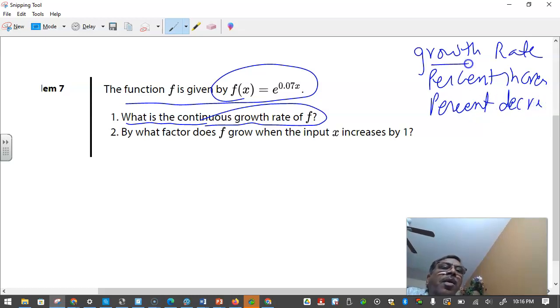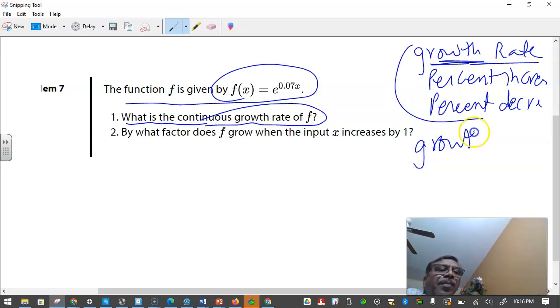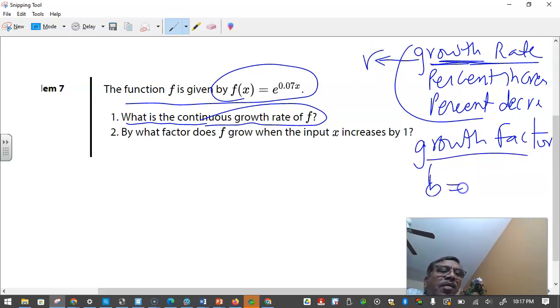So this is talking about growth as a percentage, the growth rate. But the growth factor is different. Whatever the growth rate was, let's say r, the factor is always b, which is 1 plus r, like that. If it is a percent decrease, it is 1 minus r.